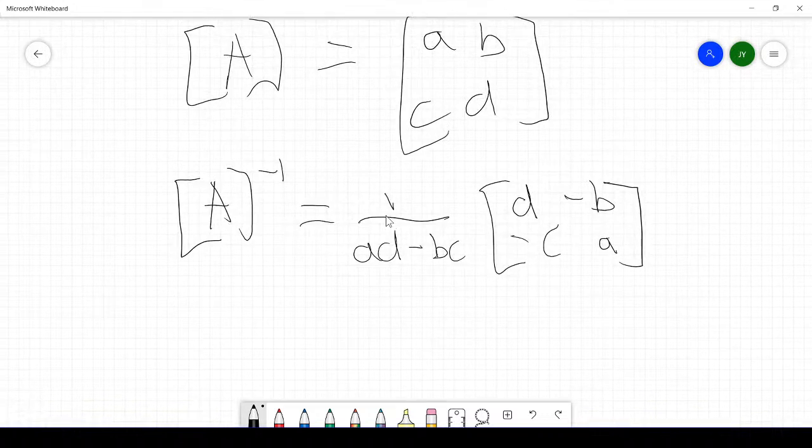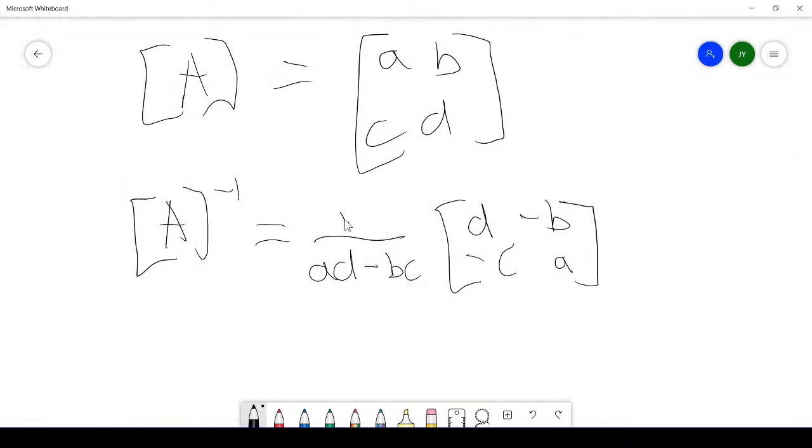And it's essentially multiplied by 1 over the product of this minus the product of this.